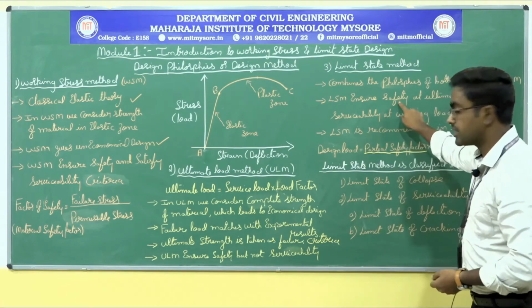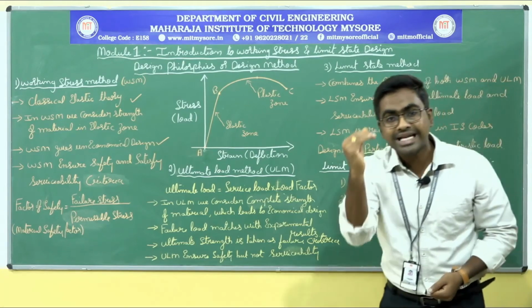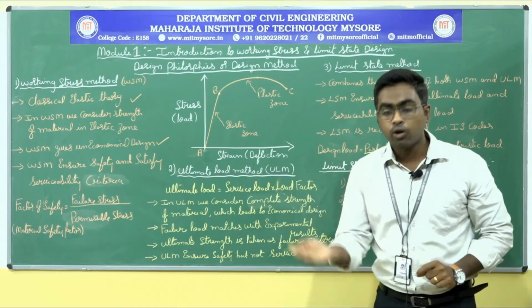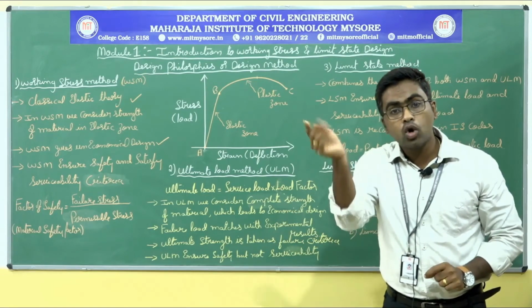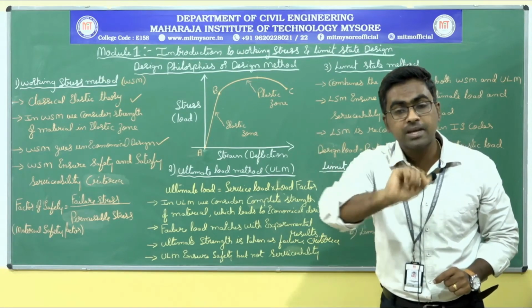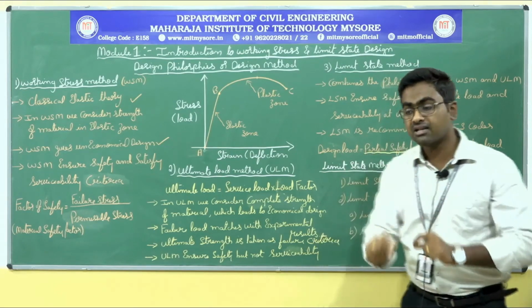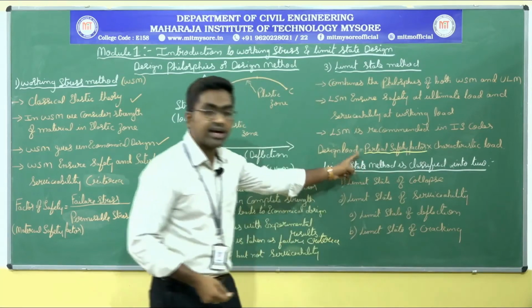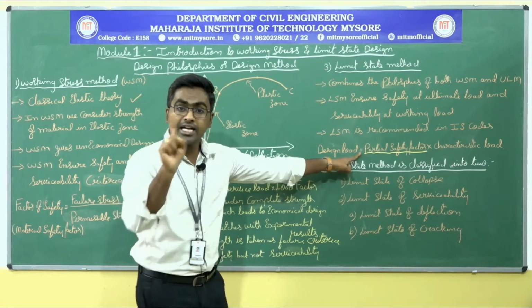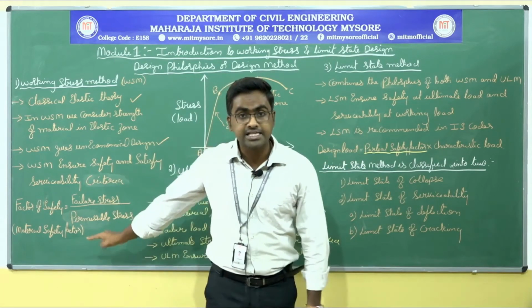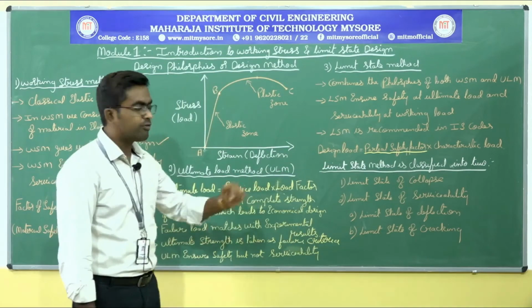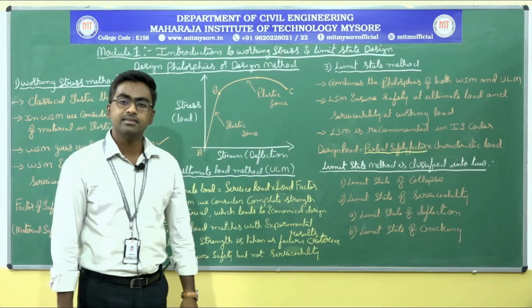In the limit state method, we are going to decrease the strength of material to some extent, and also we will be increasing the load which is coming on the structure to some extent. That is the reason why this factor is called the partial safety factor. Partially it is considering the material safety factor, partially it is considering the load factor, right?